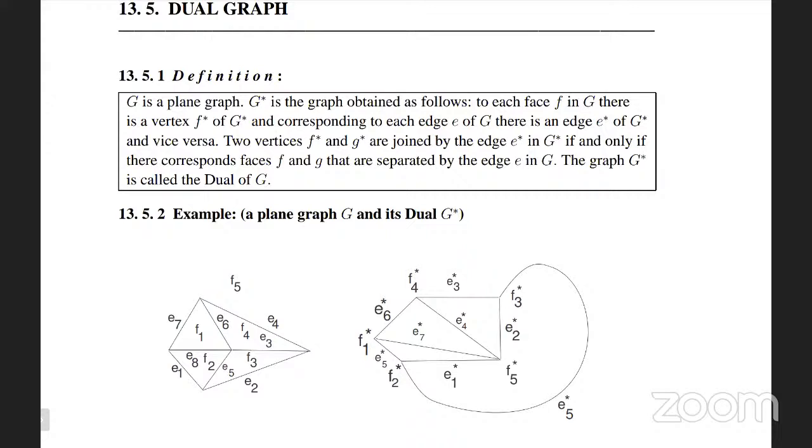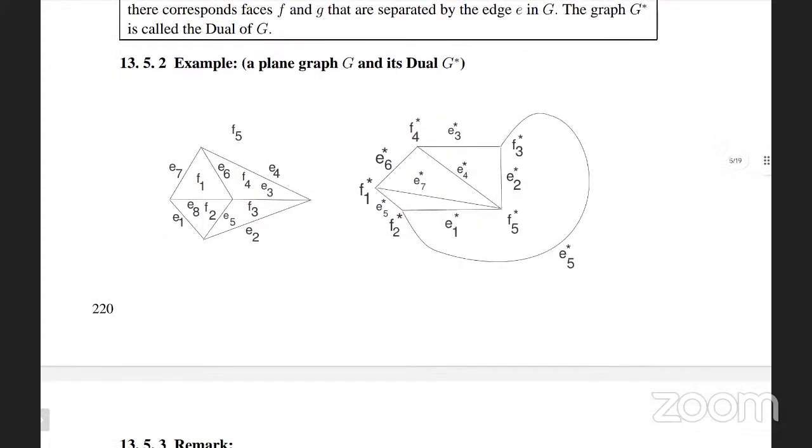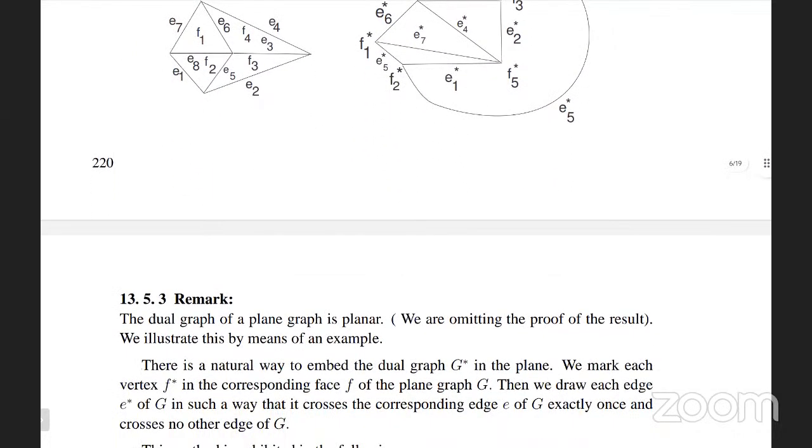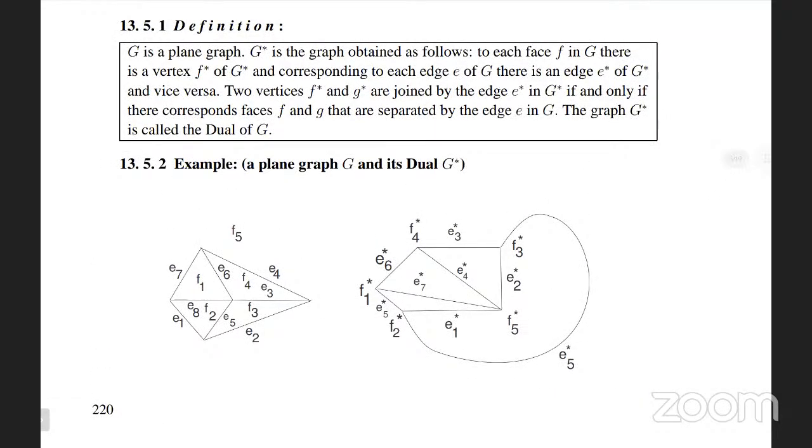If the corresponding faces F and G are separated by the edge E in G, and that is clearly fulfilled, then we can say that the dual of the graph G is generated by G star. The first graph is G and the second is G star, and that is called the dual of the graph. From graph G we can make the dual graph G star. That is the observation we can see in a dual of the graph, and an example of the graph and its dual.